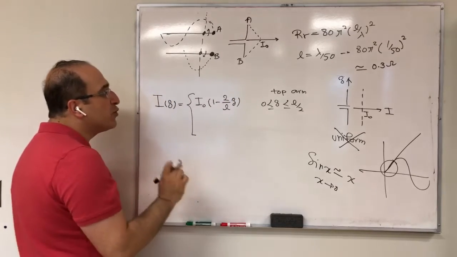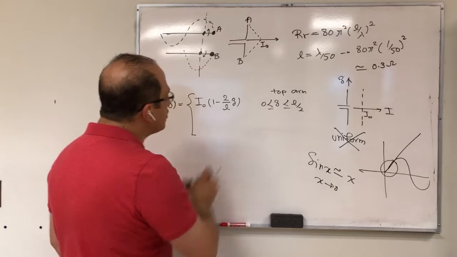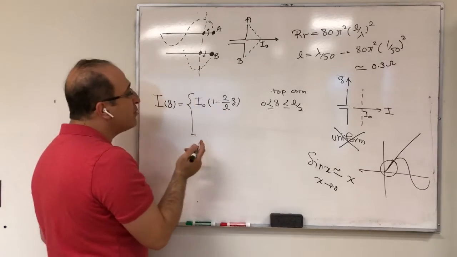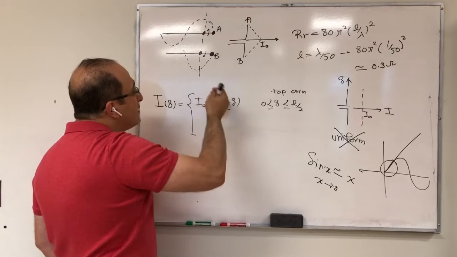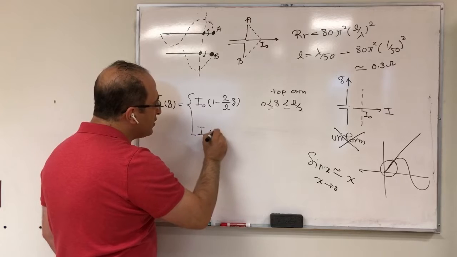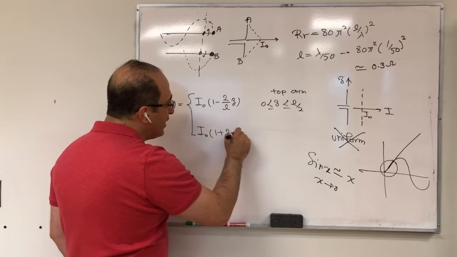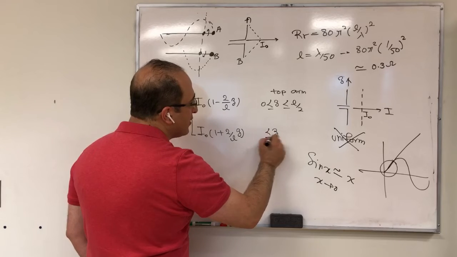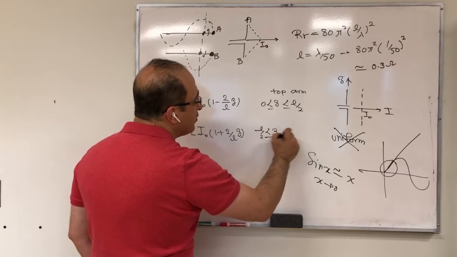I mean, this can be proved, and you can look at my notes to understand it, but I'm going to discuss it shortly. It can be proved based on sinusoidal current, so you can get to this. And the other one becomes I_0 (1 + (2/L) z) for z from -L/2 to 0.